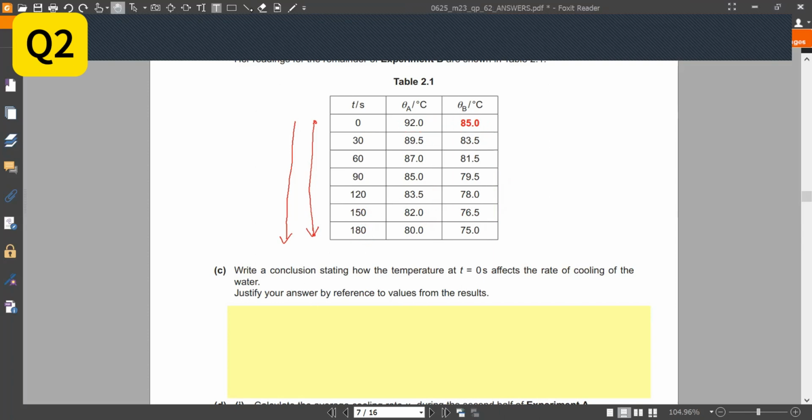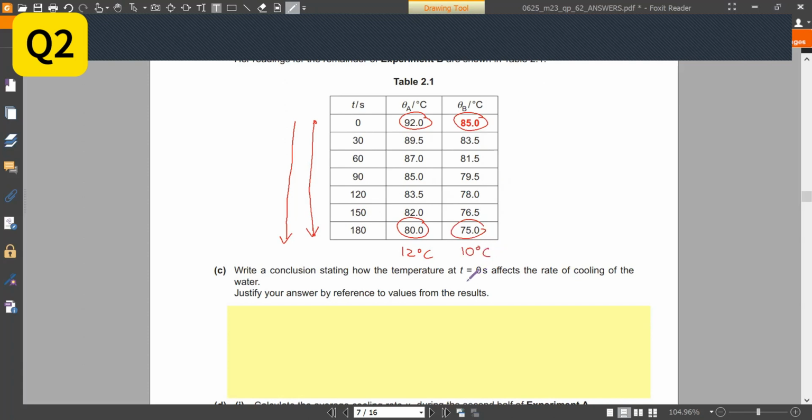So essentially, we can see that when the initial temperature is lower, the rate of cooling is slower. So here we have 92 to 80. So it dropped by 12 degrees Celsius. From 85 to 75, it only dropped by 10 degrees Celsius.